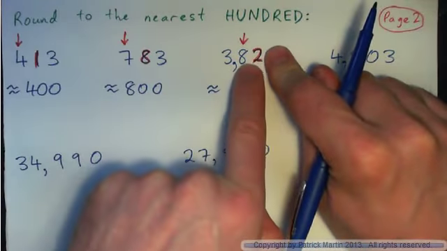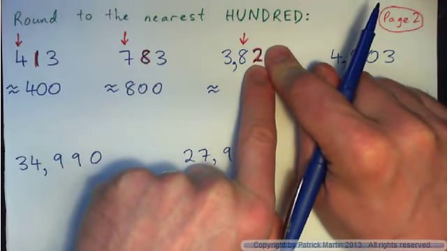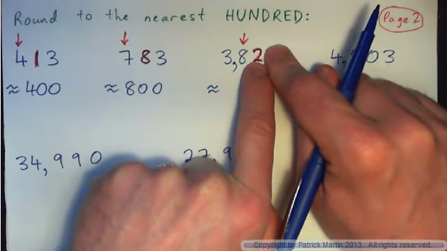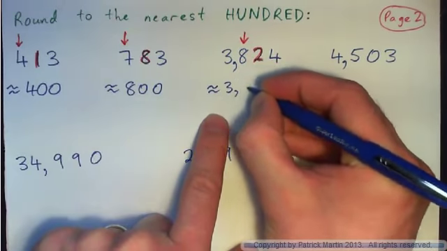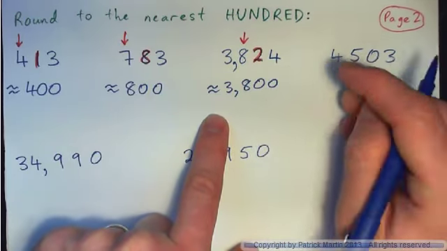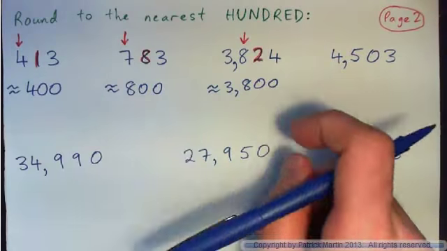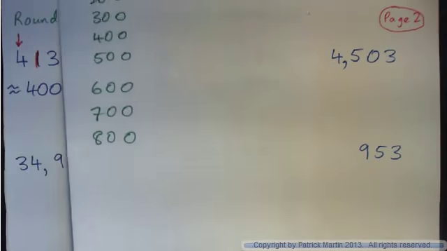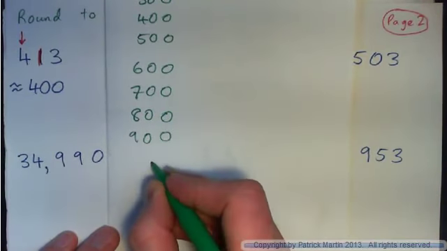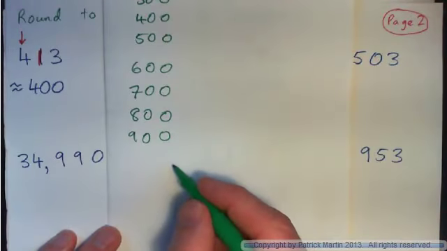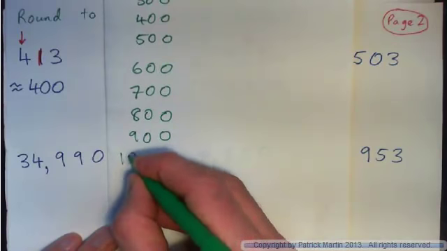So how do we round this then? We've got to round to the nearest 100. The next digit is a 2. If that digit is 4 or less, we round down, right? So we get 3,800. Now this is a multiple of 100 also. If I was to continue my hundreds numbers here, I'd get 800, 900. What comes after 900 in this sequence? 1,000, right?